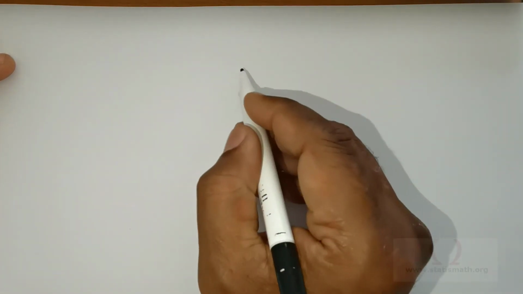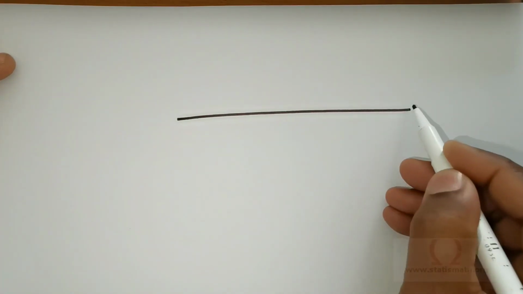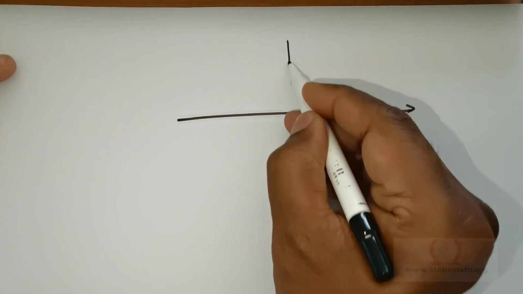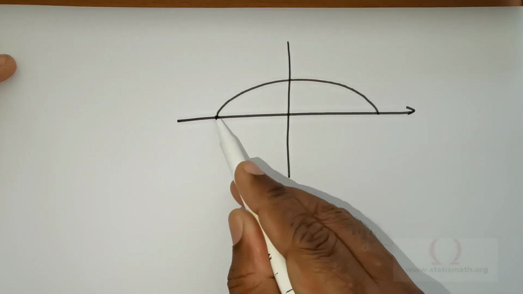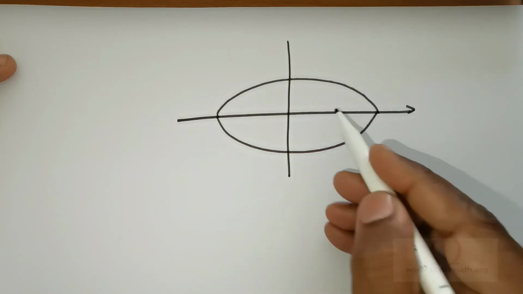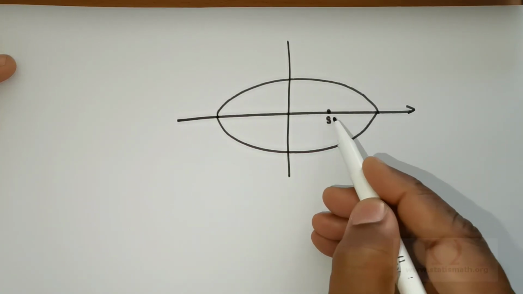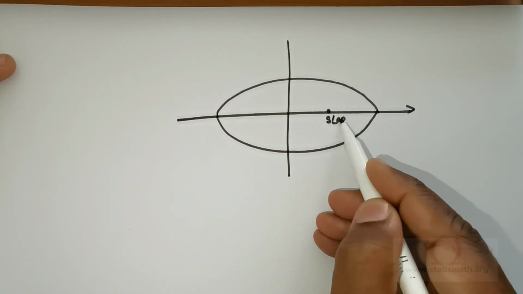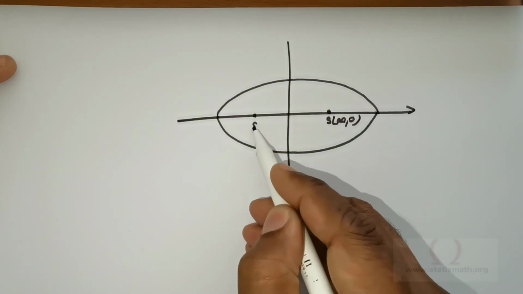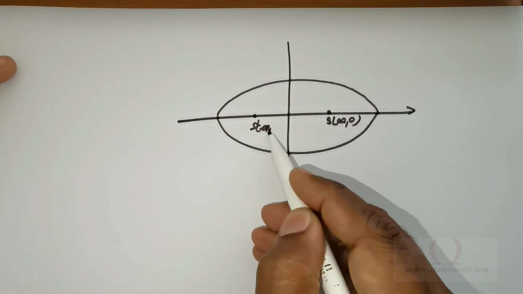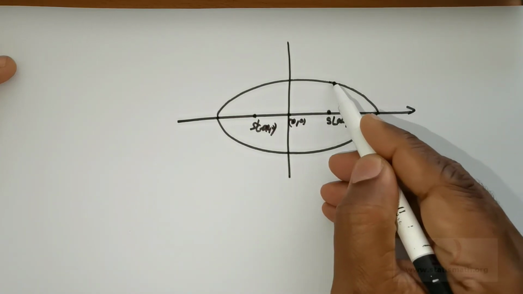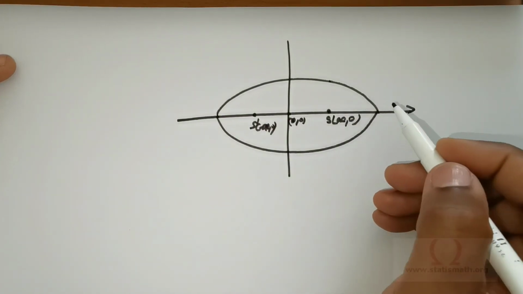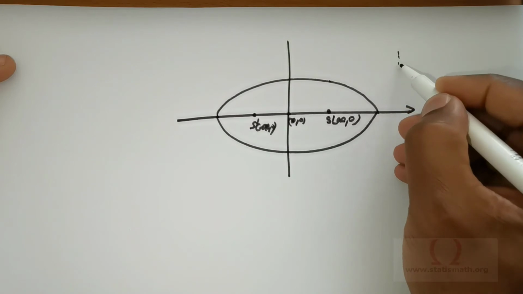Students, there are a few things you got to know about the ellipse. If I were to draw the ellipse in the standard form, this is the focus, coordinate (a, 0), and S dash (negative a, 0). The center is (0, 0), and let us also draw the directrix.